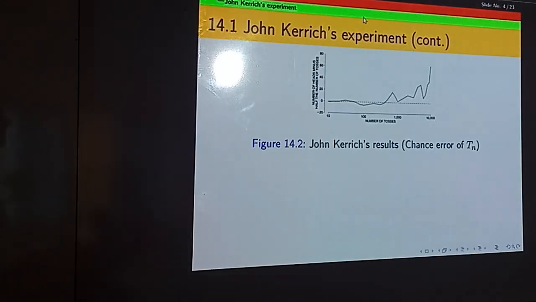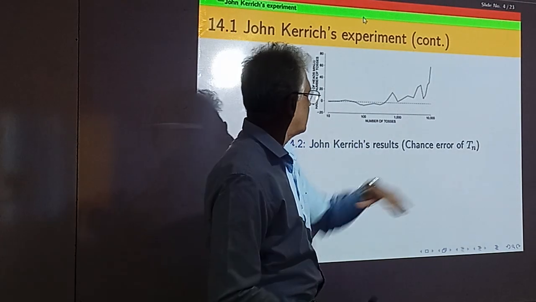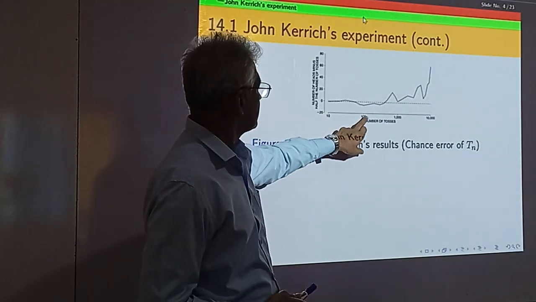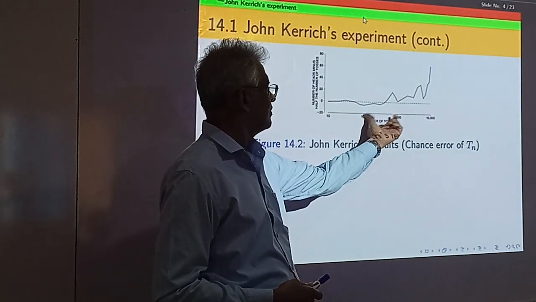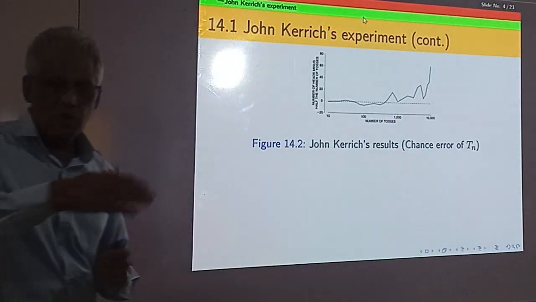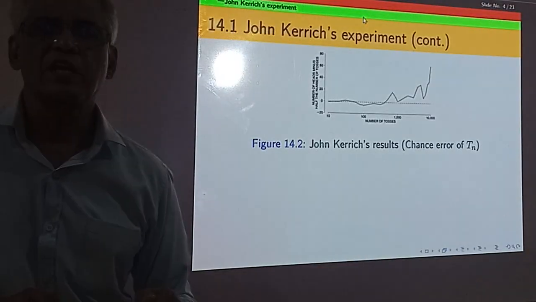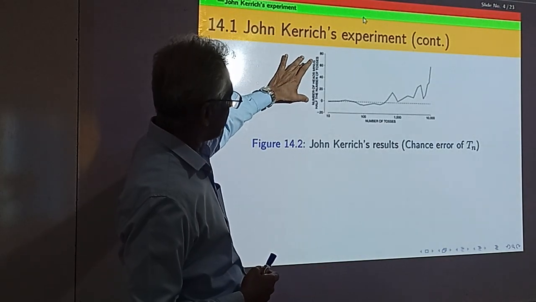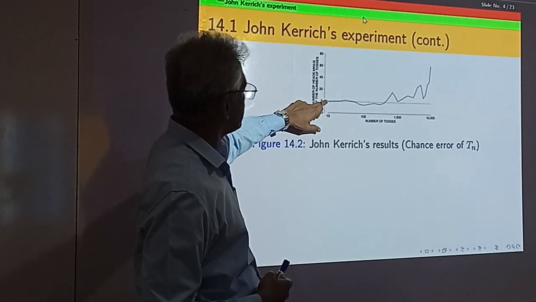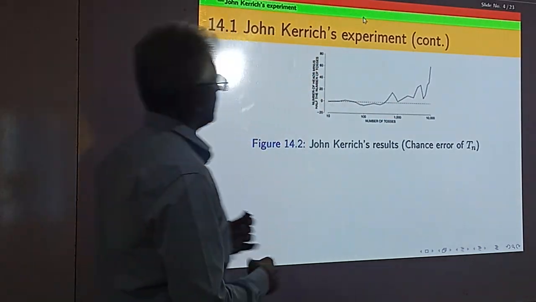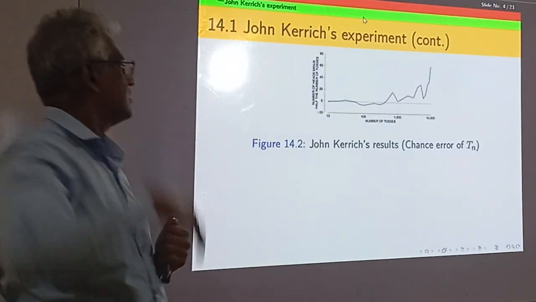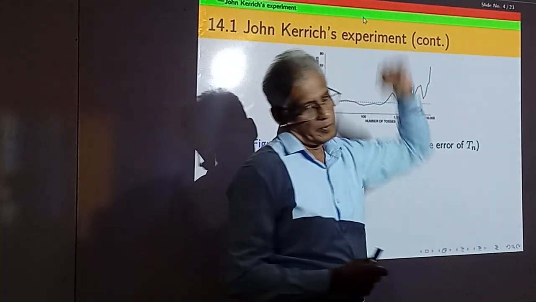In the graph, of course, the scale is not the correct scale, because 10 to 100 is here, then 100 to 1000 is the same width, right? But what we want to see is what is actually happening when n is increasing. Right? So this axis is the chance error. You can see that the chance error at the beginning was close to 0, but after that the chance error was going up in this case.